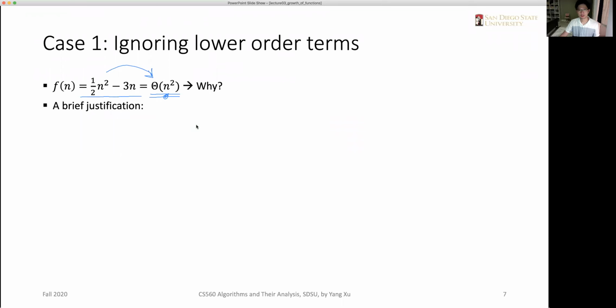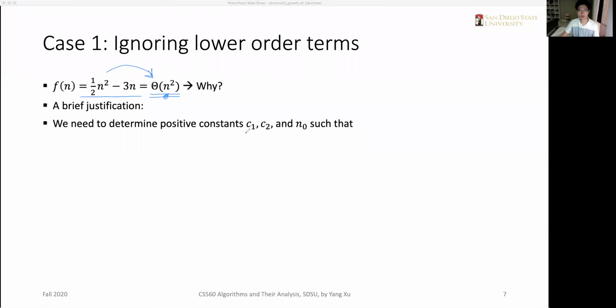So following the definition of big theta in the previous video, we need to determine 3 constants, which is C1, C2, and N0. Okay, we need to determine these positive constants such that the target function here, f of n, is sandwiched by C1 times n squared and C2 times n squared for all the n's that are sufficiently big.